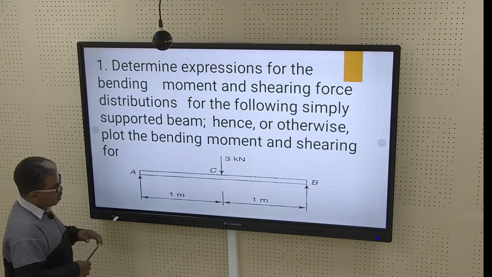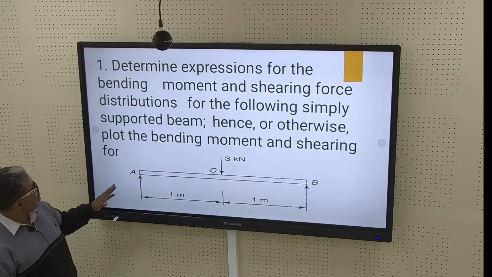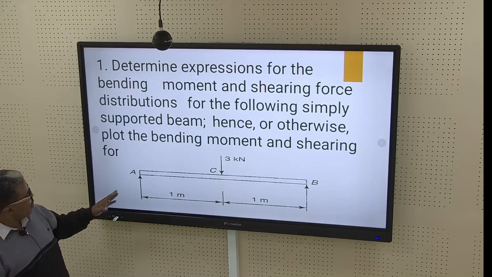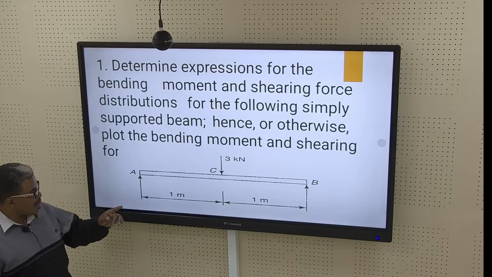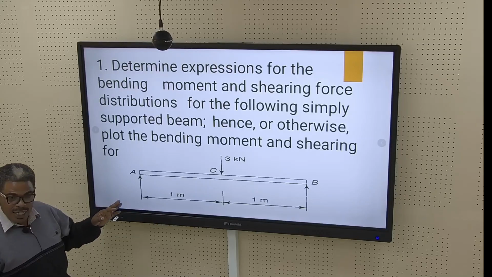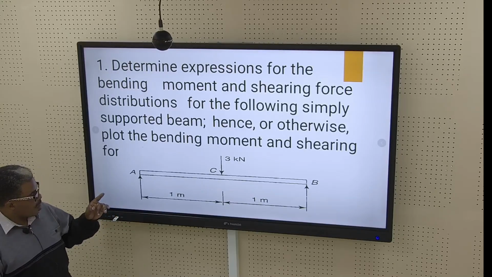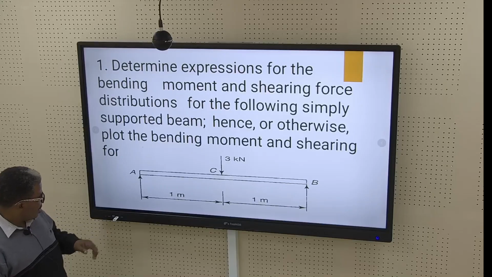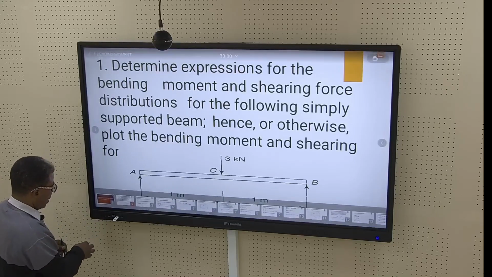This is the simply supported beam, supported at A and B, with the load at C of 3 kilonewton. So let's see how.